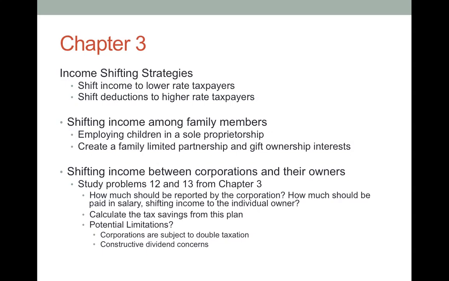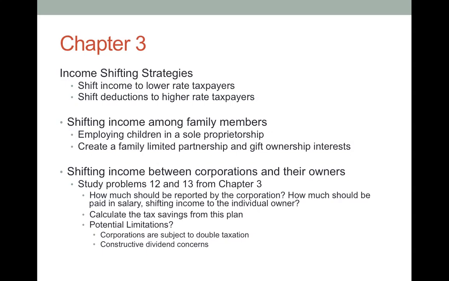If the IRS thinks that you've paid yourself too much in salary, then the difference between what you actually deducted and what the IRS thought you should deduct, you have to treat that amount as a dividend. So what that means is the difference between what you actually deducted and what the IRS thinks is reasonable, that's going to increase your corporate taxable income. And that increase in income is going to be taxed by the corporation, and it's probably going to be taxed at 34% if you look at the corporate tax tables.